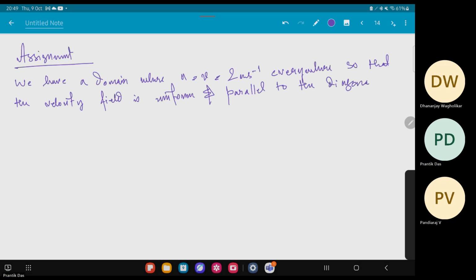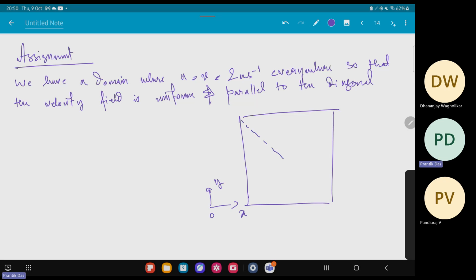So it is like a square domain. This is your y-axis, this is the x-axis, and this is the origin. And this diagonal is a solid line across the grid.